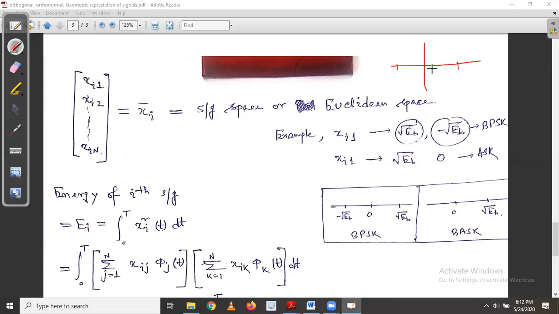So what is the distance between these two? That distance will give the information about the energy. I told it. That means what is the energy of this message point? That is nothing but the distance from the origin. Distance from the origin of this message point is nothing but the energy of this message point.